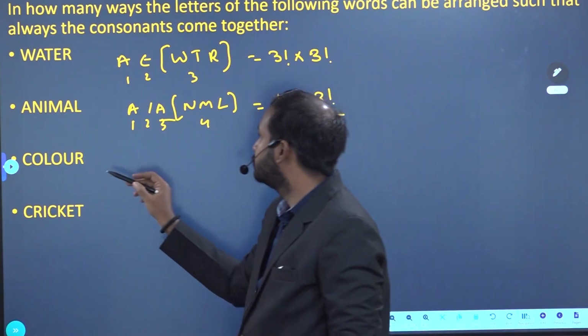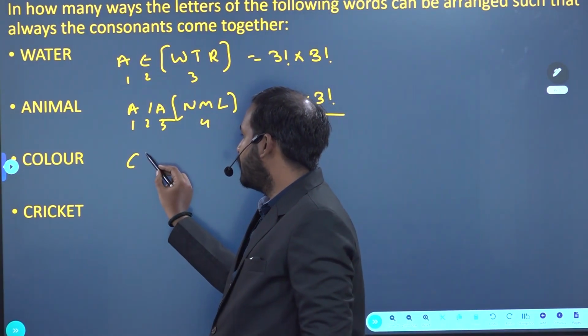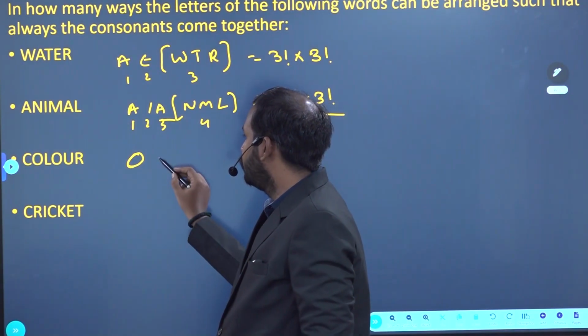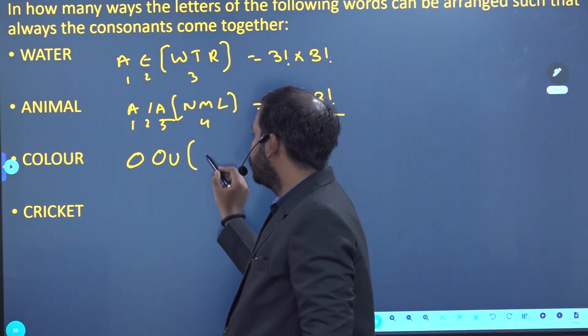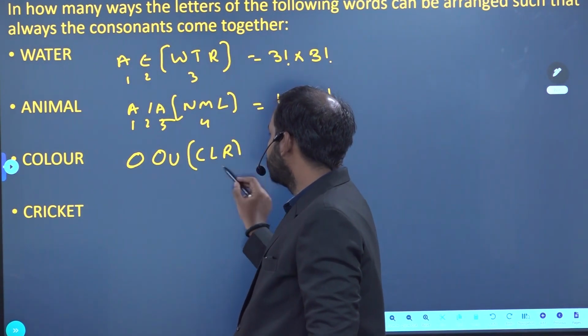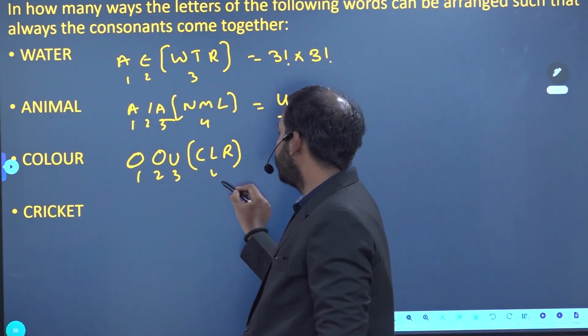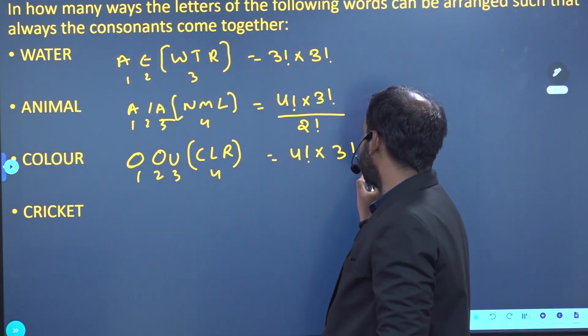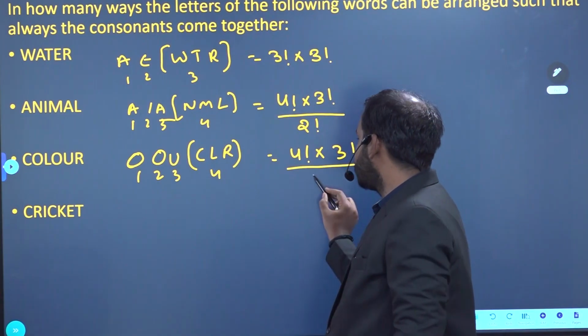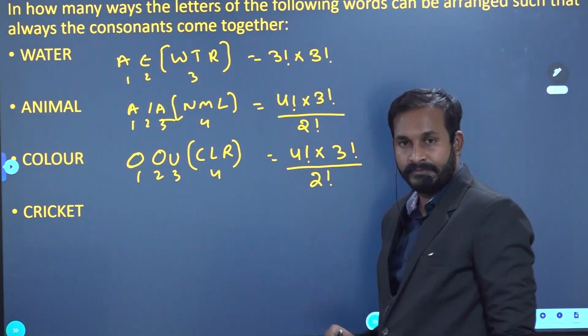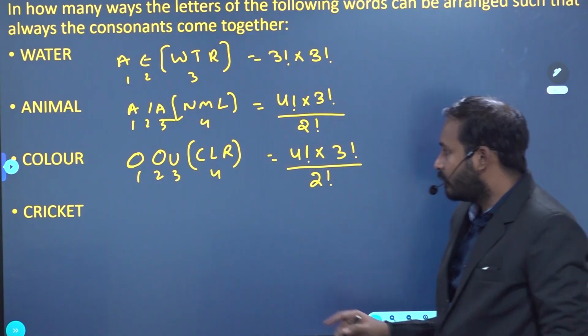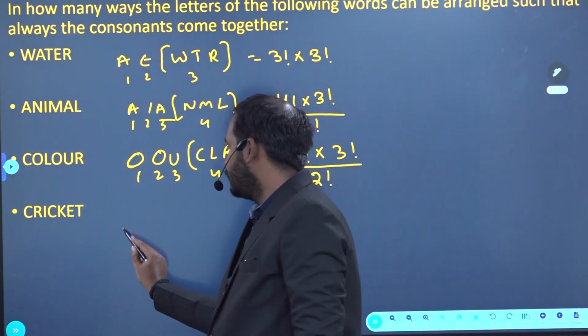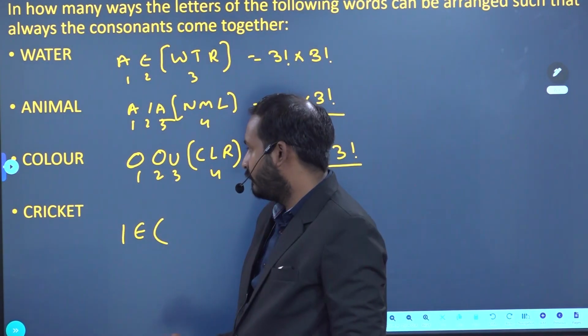Next, color. O, U, C, L, R. 1, 2, 3, 4. So 4 factorial into C, L, R can be written in 3 factorial ways, by O was repeated for 2 times, so 2 factorial. Now cricket, I, E are the only vowels we have.